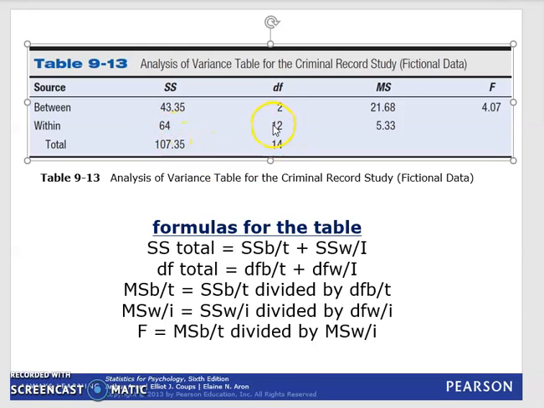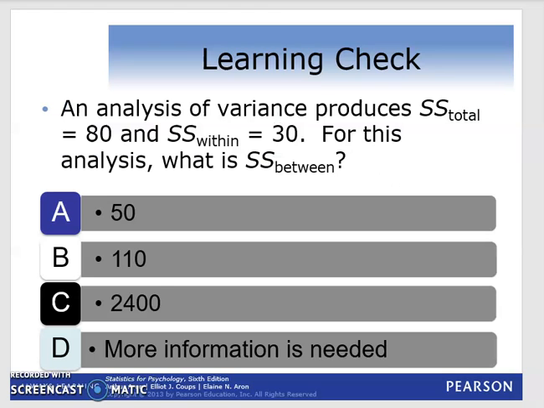So 64 divided by 12, and that gives me 5.3. My F ratio is going to be 21.68 divided by 5.33, and that's going to give me about 4.7. Again, there's some more explanation and practice with that with your homework, as well as that ANOVA video I was talking about.